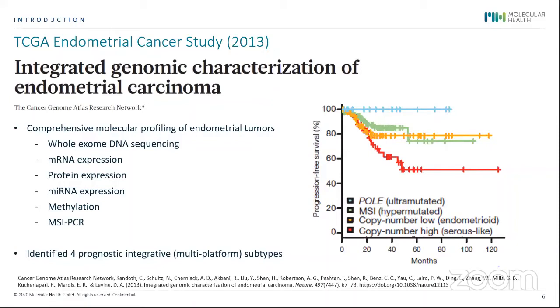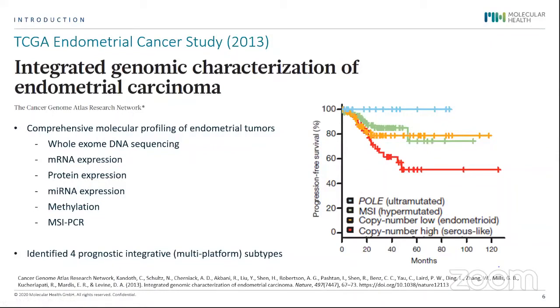One of them, called POL, is characterized by super high mutational burden, specific mutational pattern, and, well, as the name says, mutations in POLE, and has, irrespective of grade and stage, excellent outcome. So I want to point here to the observation time.